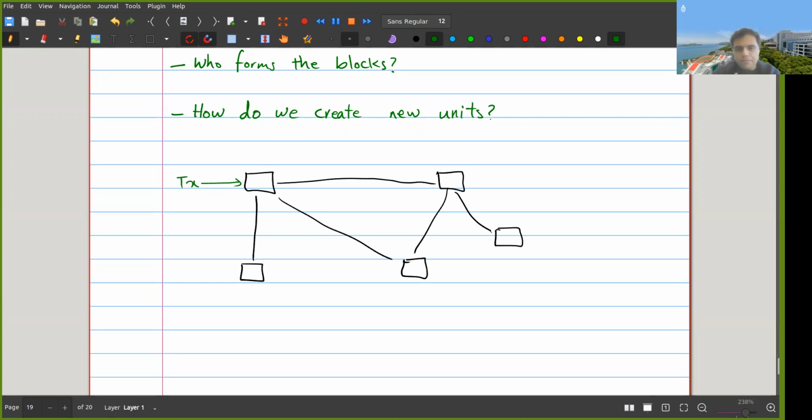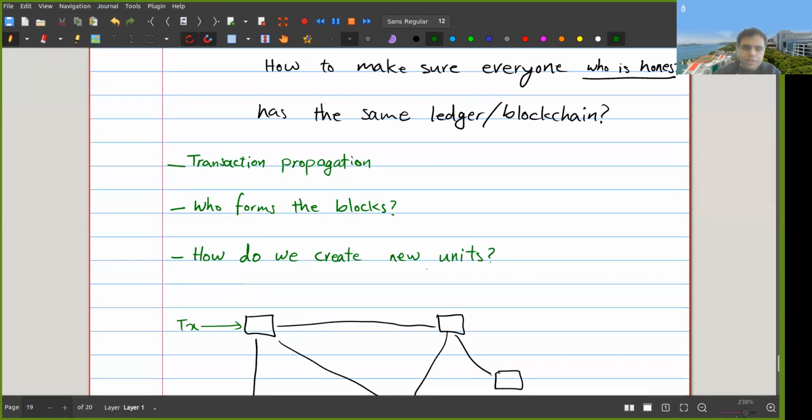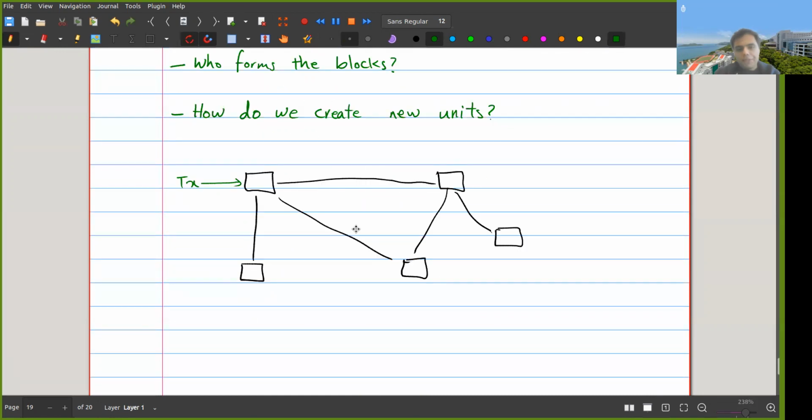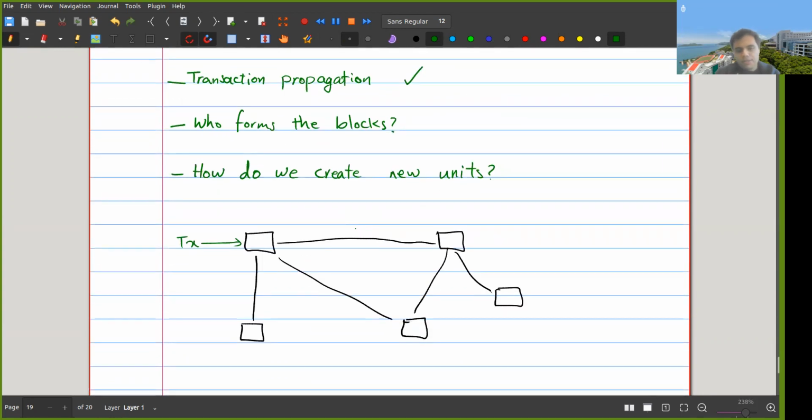Okay. So this one was actually pretty easy, how to propagate the transactions. I should just add one point here, and the point is that the nodes should check that the transaction is valid before passing it, right?